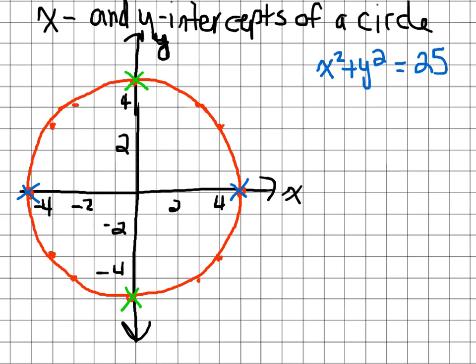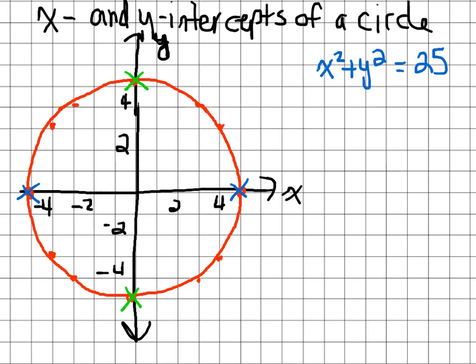If I wanted to algebraically determine what the x and y intercepts are, because this circle is centered at the origin, if we knew the radius, we could go that distance along the x-axis in both directions from the origin to determine our two x-intercepts.